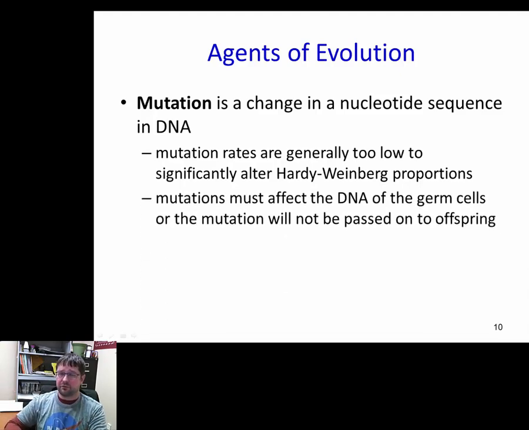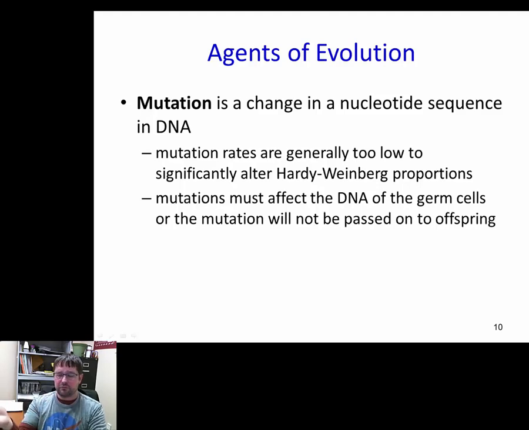But what they can do is they can be agents of evolution. In other words, if you have a new allele or a mutation pop up, natural selection or sexual selection can act upon that mutation. So alone they might not drive evolution, but coupled with natural selection, they're huge drivers of evolution.